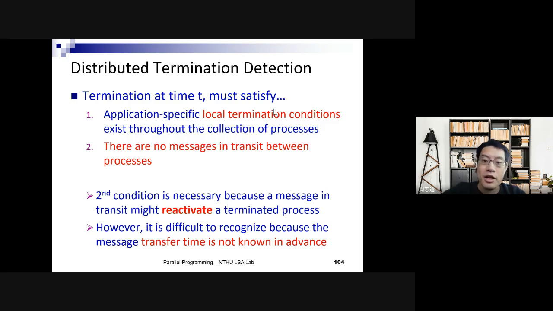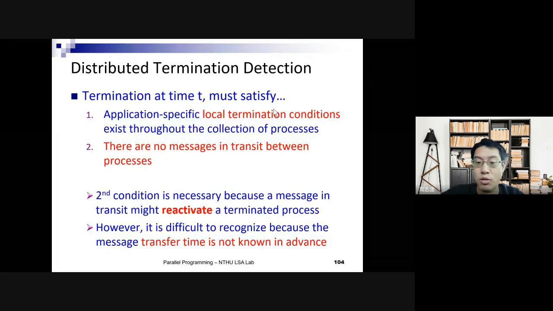However, determining the termination condition is actually not as simple as you might think in a parallel program. The reason is that in the past, your termination condition very likely depended only on local information.